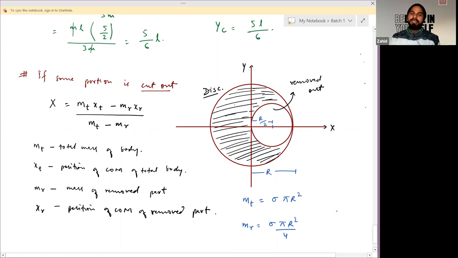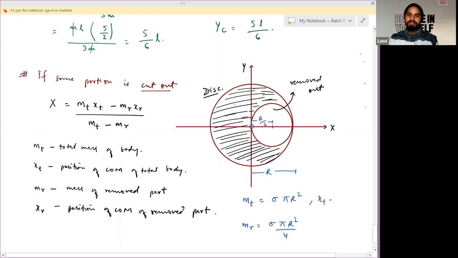And I had defined in the last class, for all symmetrical bodies, center of mass lies at its midpoint or point of intersection of lines of symmetry. So in this part, the x-axis and y-axis behave as diameters, so they are treated as lines of symmetry. So its center of mass lies at its midpoint, that is the origin.